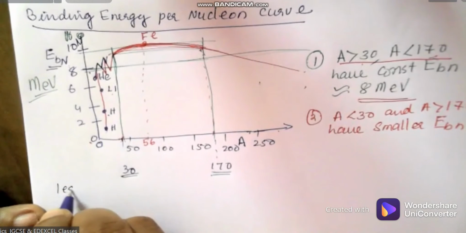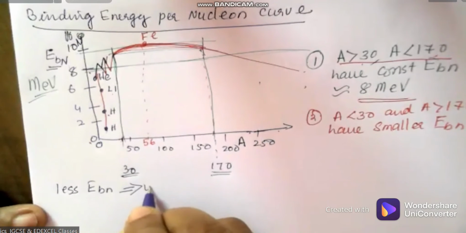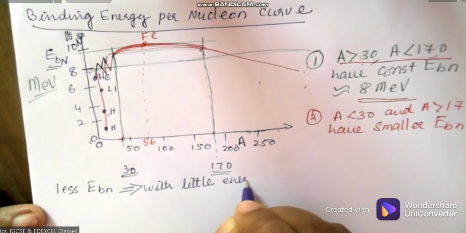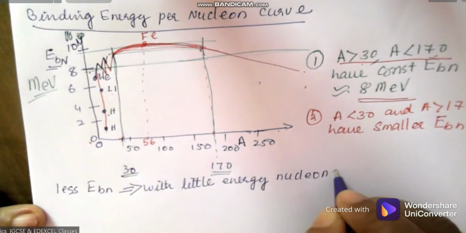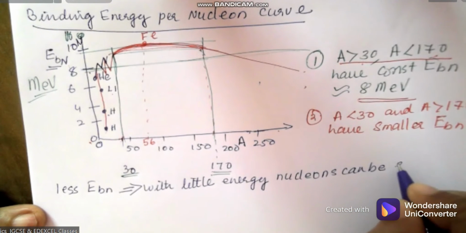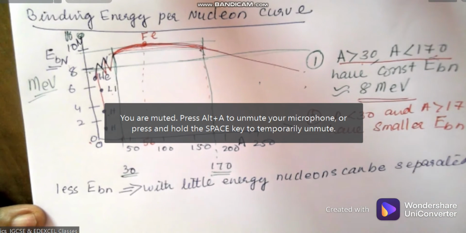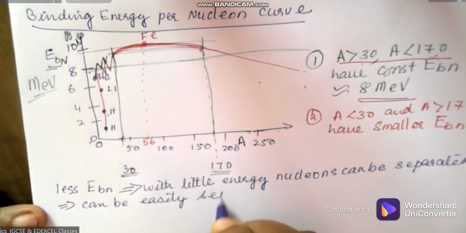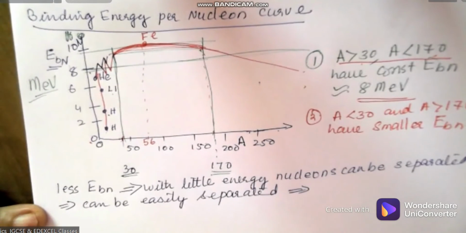Less binding energy per nucleon indicates that with little energy, nucleons can be separated. That means they can be easily separated, which means less stable.